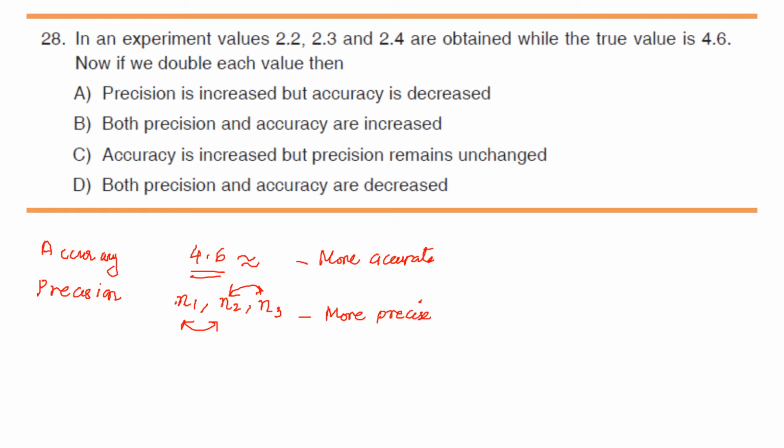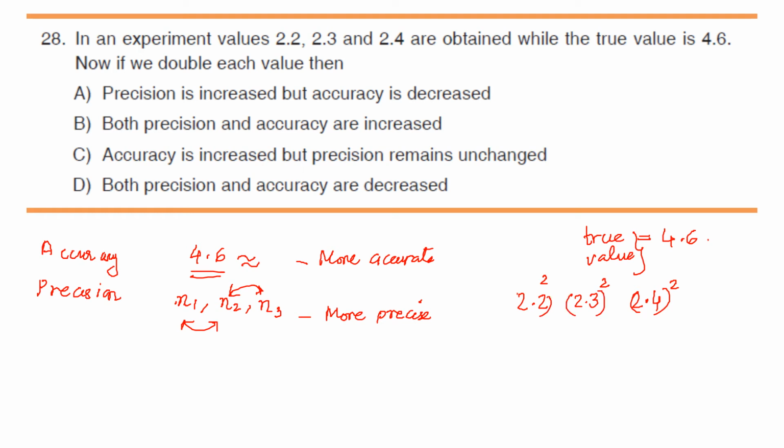Now in this question, we are given that the true value is 4.6 and the individual values are 2.2, 2.3, 2.4, right? Now you're doubling the observations.